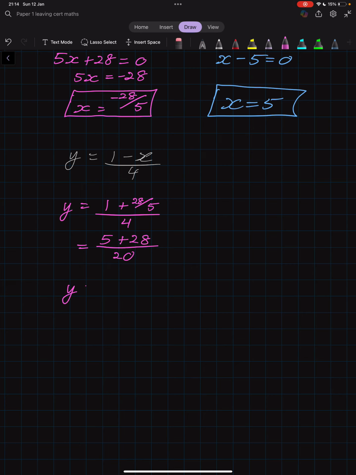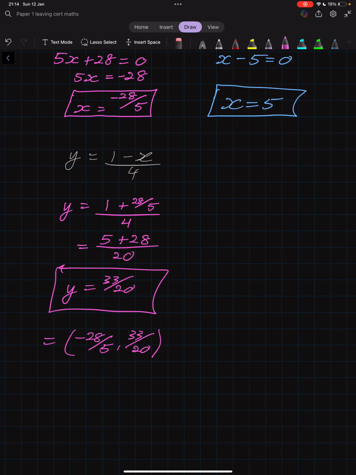So again, this can be written as minus 28 over 5, 33 over 20. So that's one solution. Now the other one, if we say that y equals 1 minus 5 over 4, so y equals minus 4 over 4, so y equals minus 1.